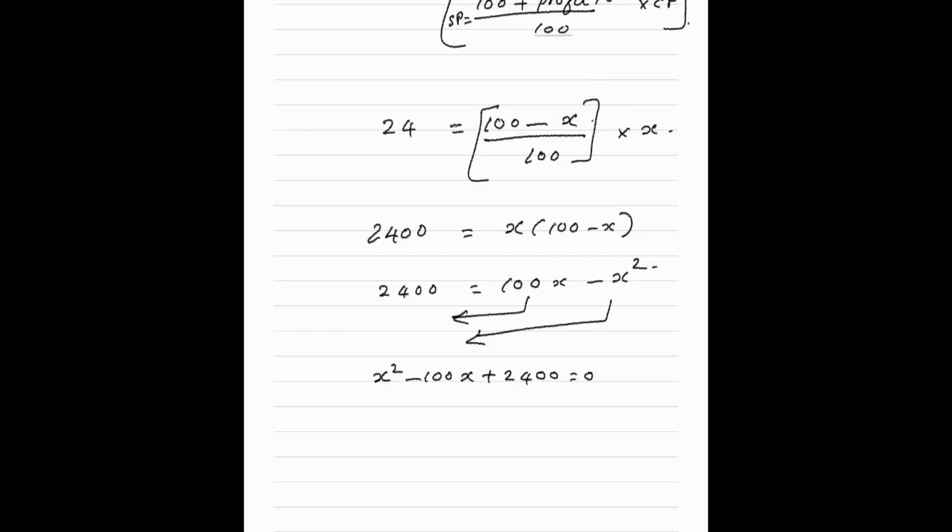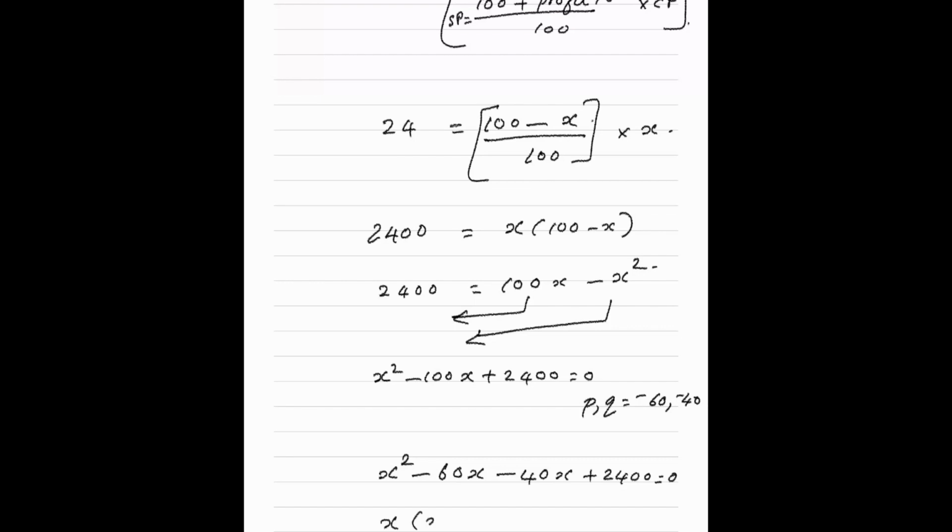We have to think of the factors. And yes, it is going to be 60 and 40. So P comma Q has to be negative 60 comma negative 40, because negative 60 plus negative 40 gives you negative 100, which is the B. So the equation becomes X square minus 60X minus 40X plus 2,400 equal to 0.